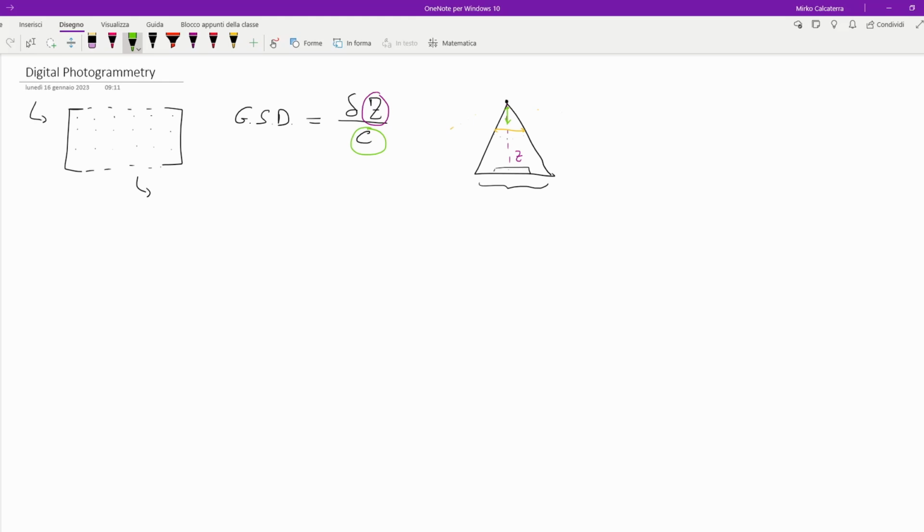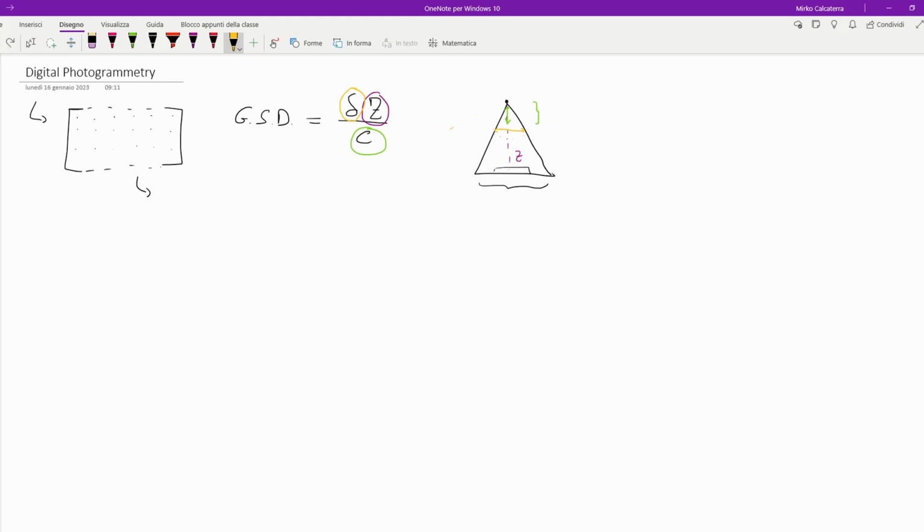In practice, it is part of the camera, and with this we can conclude what the GSD is. It is really related to the pixel size, to the distance from which you are taking the picture, and also to the camera. It is an internal orientation parameter.